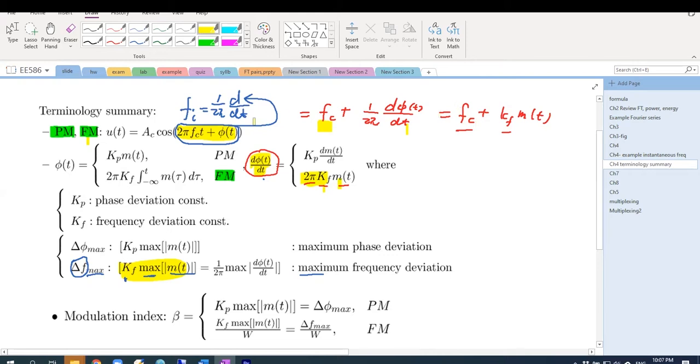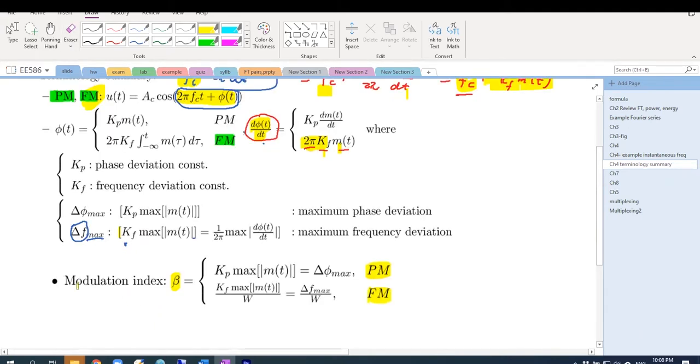So plugging it in, the instantaneous frequency for FM equals fc plus kf m(t). Therefore, the maximum frequency change caused by the message is determined by the term kf m(t). But because the message can be positive and negative, we take the absolute value and the maximum, multiplied by kf. This is the physical meaning of the maximum frequency deviation.